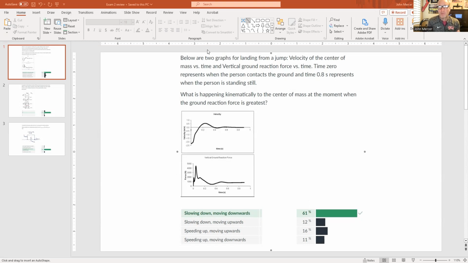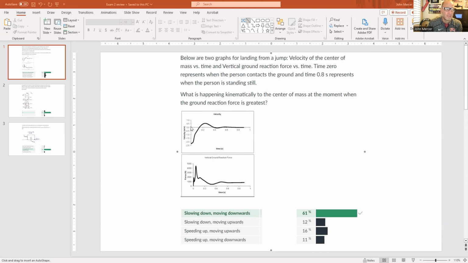So now let me walk you through what this paragraph basically says. Anytime you see a figure, I encourage you to stop and look at the figure, see what the title of the figure is, see what the y-axis is, and see what the x-axis is. In this case, the y-axis is velocity in meters per second, and the x-axis is time. And this is the velocity of the center of mass of the person during landing from a jump.